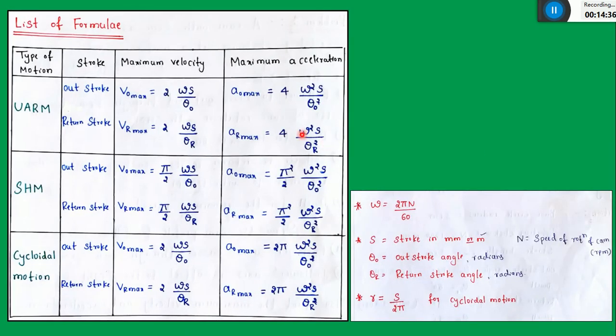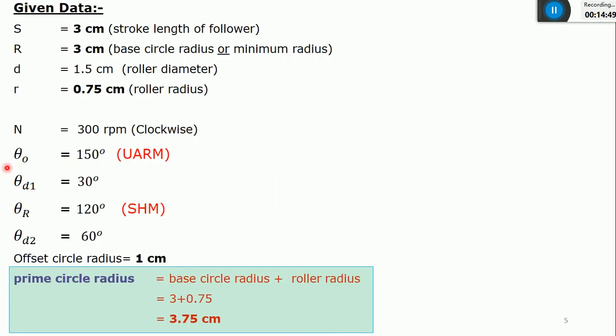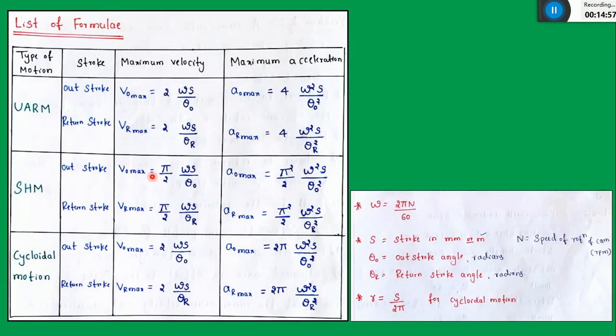First, I need to calculate the maximum velocity and maximum acceleration during outstroke and return stroke. Out of these three sets of formulas, which one do I have to choose? It is given in the problem. The outstroke is with uniform acceleration, remember, and the return stroke is with simple harmonic motion. So first, I'll find the maximum velocity and maximum acceleration with respect to the outstroke.